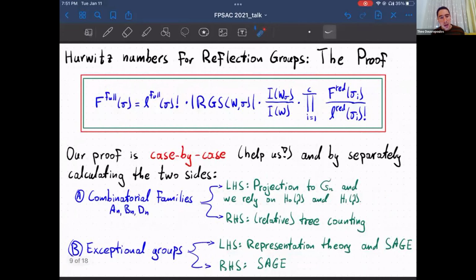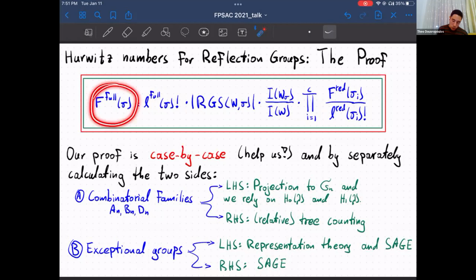Okay, so a few things about our proof. It has a serious disadvantage, as many of the first proofs of cool theorems for reflection groups have. The disadvantage is that it depends on the classification. So the Weyl groups and the reflection groups are classified, and we did it case by case.